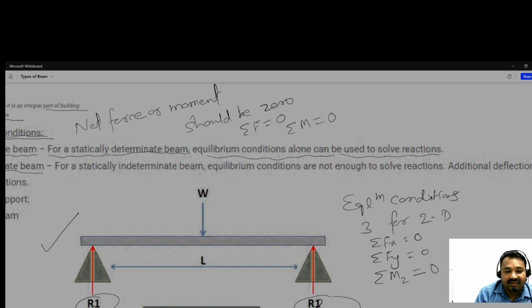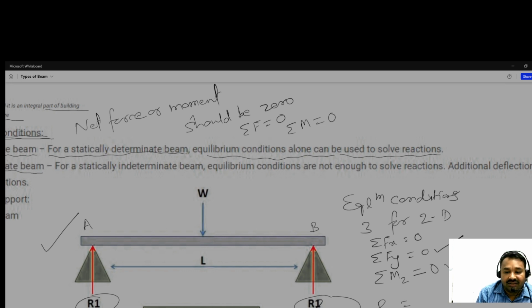So in this example, you can see here this beam, and it is like a simply supported beam. Okay, so how many reactions are there? Two reactions are there. So by using summation of Fy is equal to 0 and a moment about any point, like this end A and B, we can get the two unknowns.